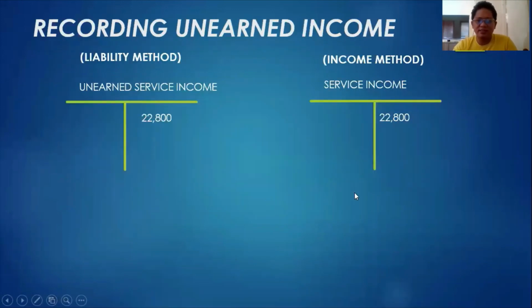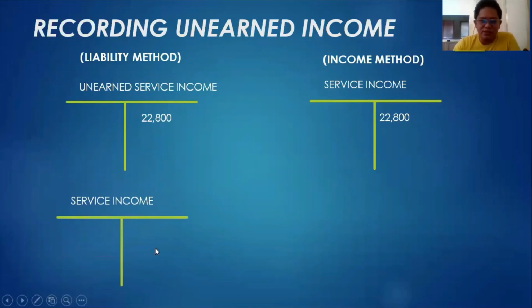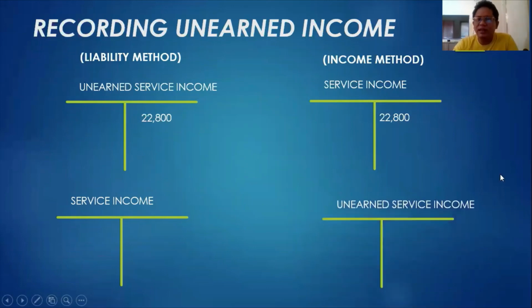So to recognize adjusting entries, under the liability method, we set up the income portion, the 5,700, and under the income method, we have to take out the unearned portion. So you have to set up the liability. Okay, so we earned 5,700. We take this out from the liability portion, and we can set this up under service income.